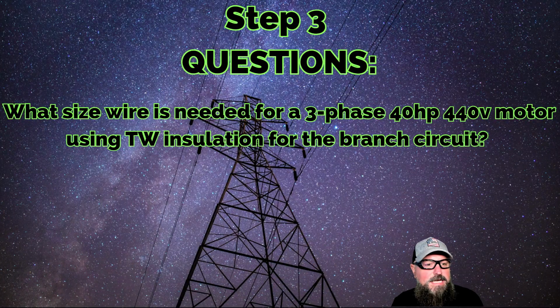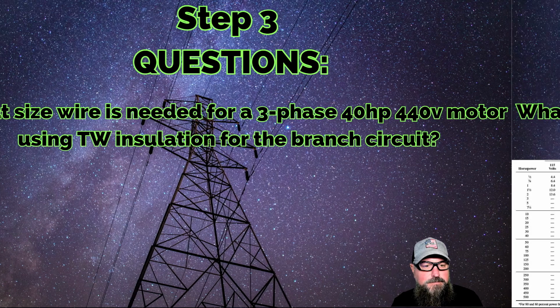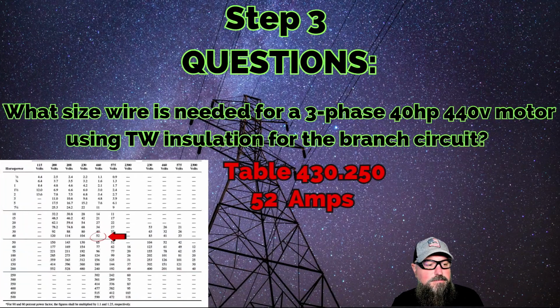Here we go. What size wire is needed for a 3-phase, 40 horsepower, 440 volt motor using TW insulation for the branch circuit? This is where you know that they're asking for the wire size of TW insulation. Again, the first thing we're going to do is find the full load current.